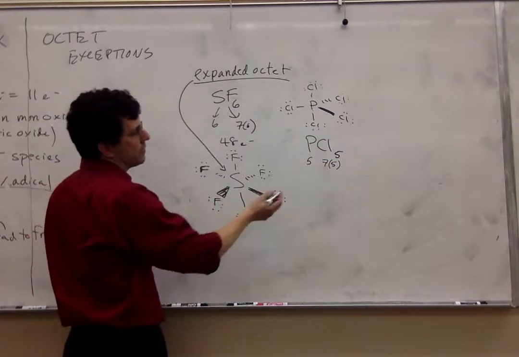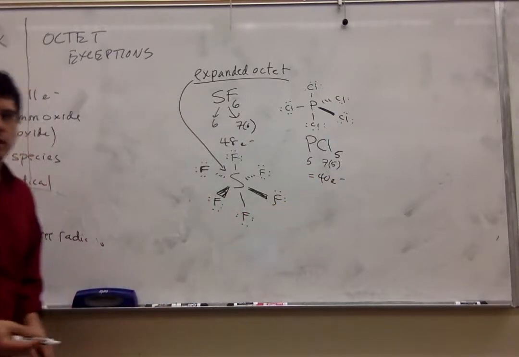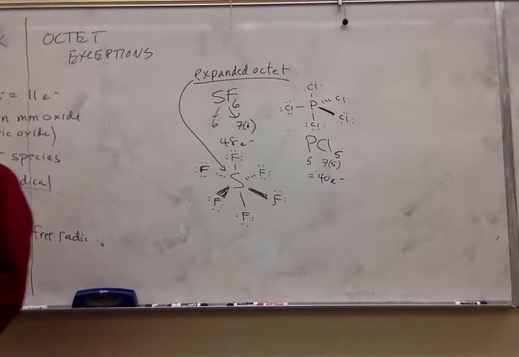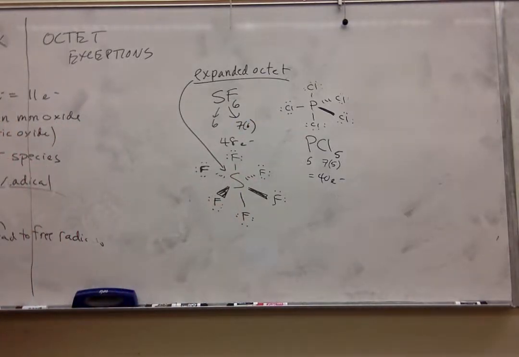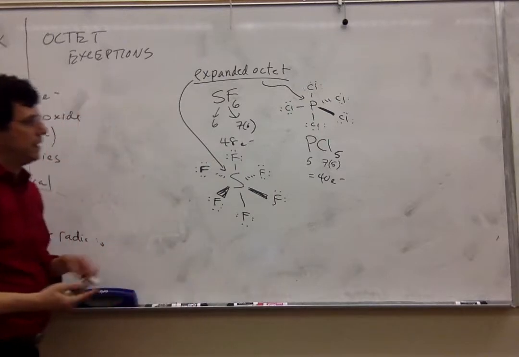Actually 40 electrons, I should say. So that's a 40 electron species. And we can get those 40 electrons around that molecule just nicely, but what happens? We expand the octet of phosphorus. It has 10 valence electrons around it. That's another expanded octet.